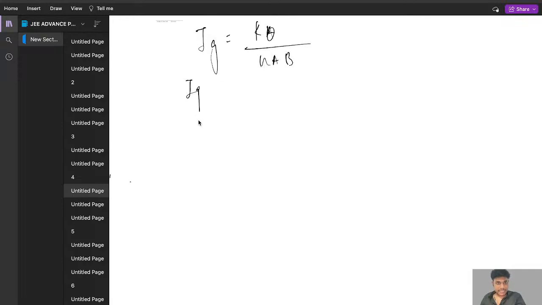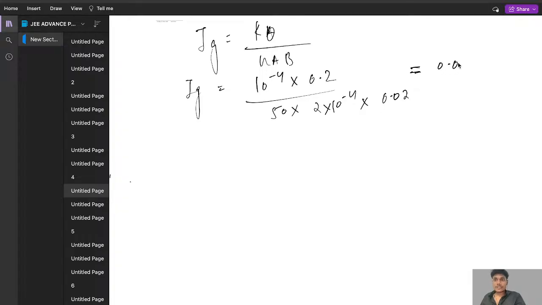From here we get IG, put the values of all these. That is equal to 10 raised to power minus 4 into theta, that is 0.2 radian, upon N, that is 50, and area, that is 2 into 10 raised to power minus 4. Please try the calculation once more. Okay. 0.01 ampere, right. We get IG is equal to 0.01 ampere.